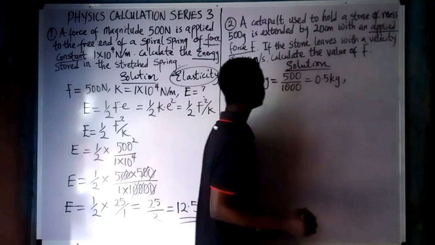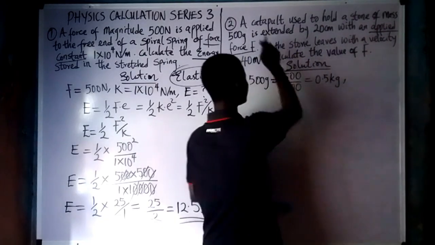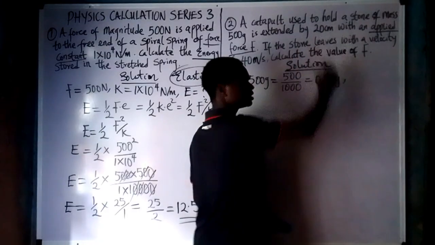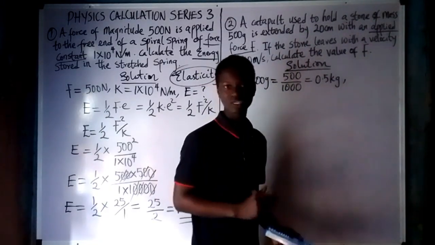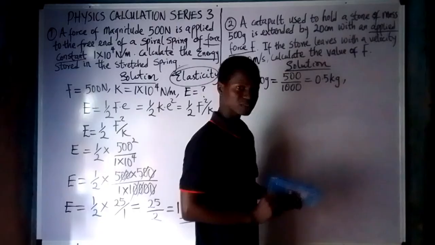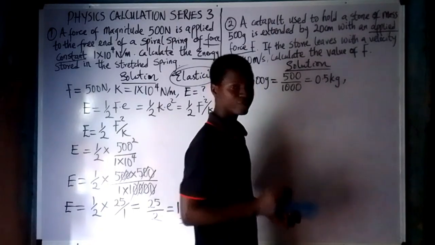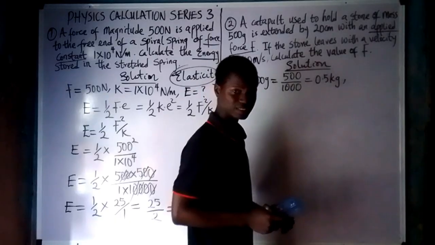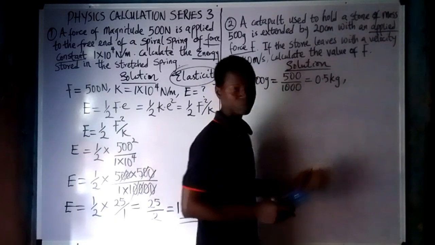What next was given in the question? They said is extended by 20 cm. So this is the next value that was given in this question. Now guys, look at something. From the topic from which this question was given, the topic is also elasticity. Now, there is something to take note of.